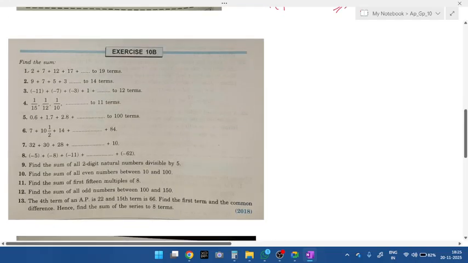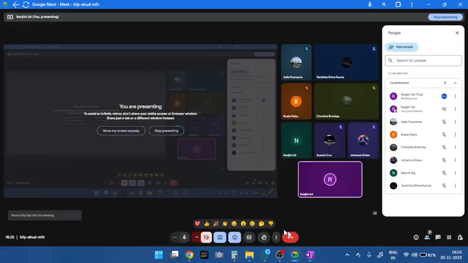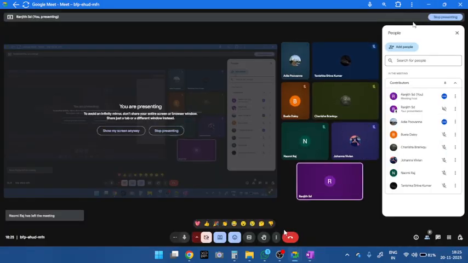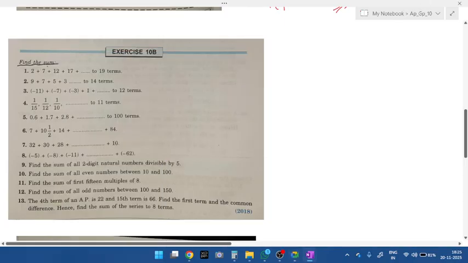What's the formula? What have they asked here? To find the term's value or sum. What's the question? Yes, all of you tell me what's the question given. We need to find the sum, right? What's the formula for sum?